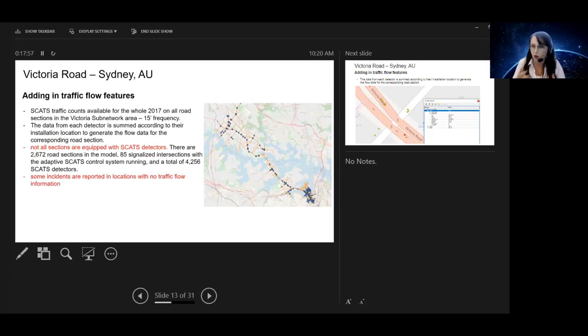And they don't monitor every road into the city. So this was quite a limitation, but at least we had, in total, I think, 85 intersections, and around 4,000-something SCATS detectors that were giving us data. So it was still good.